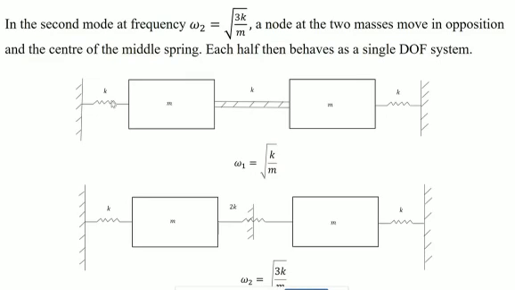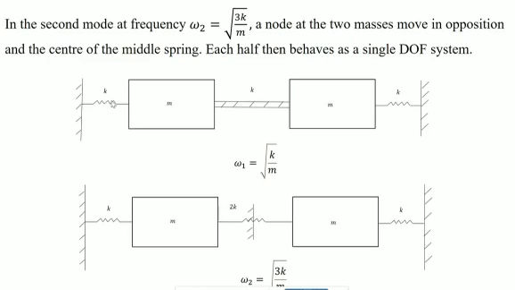So it's a single degree of freedom system where the mass is 2m and the stiffness is 2k. So omega 1, the natural frequency, if we explain it from this physical point of view, also becomes 2k by 2m. So it's equal to the square root of k by m.